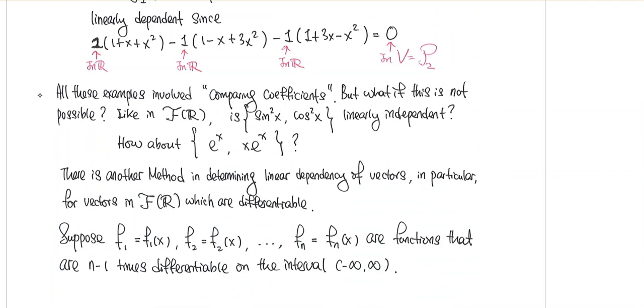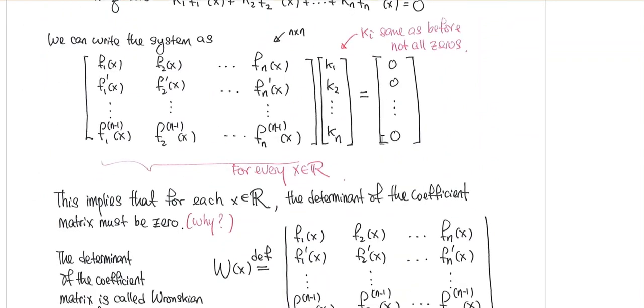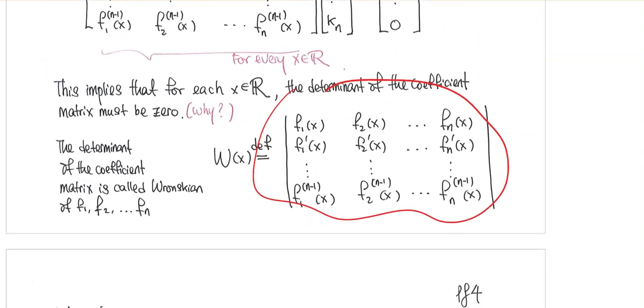And then we talked about the concept of functions, when things are a little bit more tricky. We developed a theorem involving the determinants of matrices involving derivatives, and these are called Wronskians.